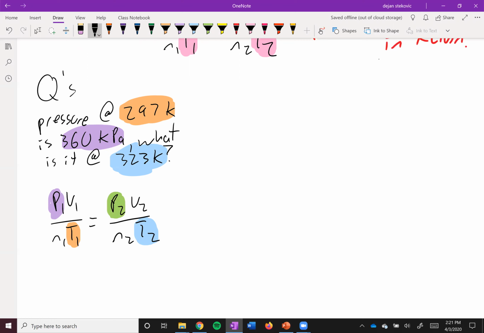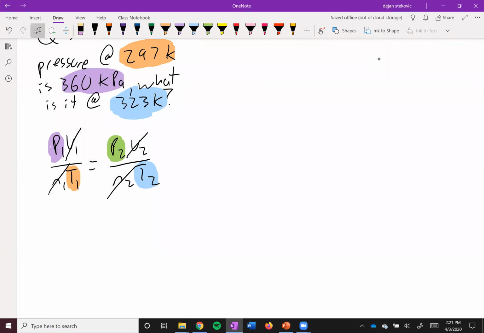So what do we have to assume about all the other stuff? Well, we assume that it just stays the same. So we're just going to ignore them. It's going to stay the same on both sides, so they're all going to basically cancel out. And so our final equation here is P1 over T1 equals P2 over T2.